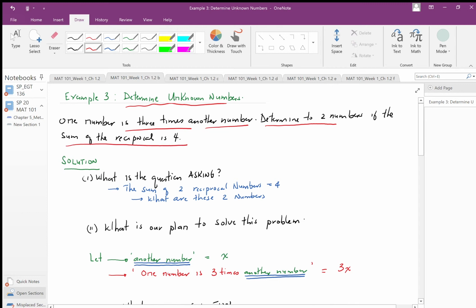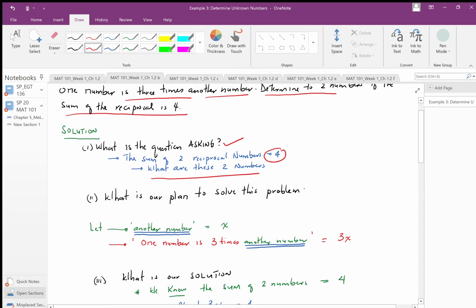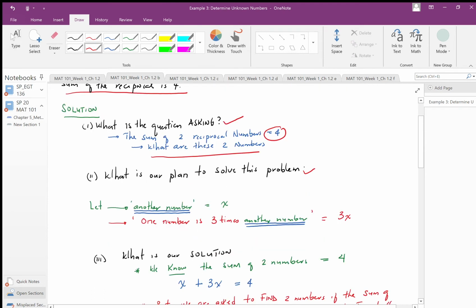So again, going back to our plan, what is the question asking? It's asking us for two numbers whose reciprocals sum, and that happens to equal 4. What are these two numbers? So what's our plan? Well, let another number equal x. One number equals 3 times another number, and that'll be 3 times x.